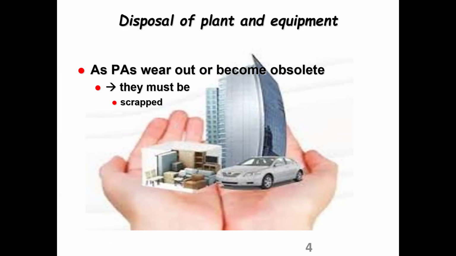This is the case in America, but in Pakistan, we do get some price even if we give it to a scrap dealer. Then we can sell the used plant asset and get some price. The third option is trading in for new equipment, that is, exchanging the old one with a new one and paying the price difference between the two equipments.